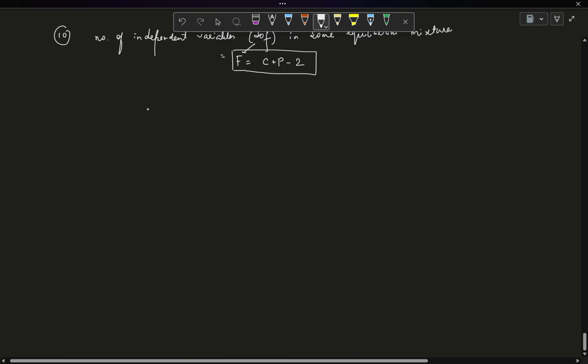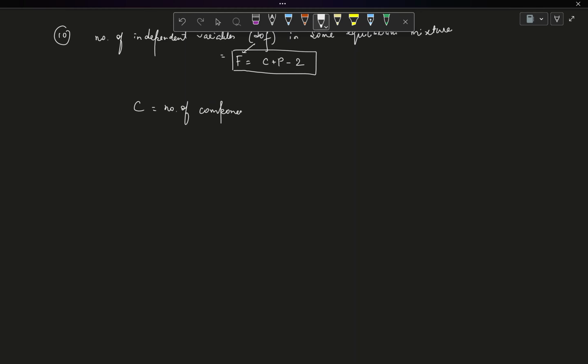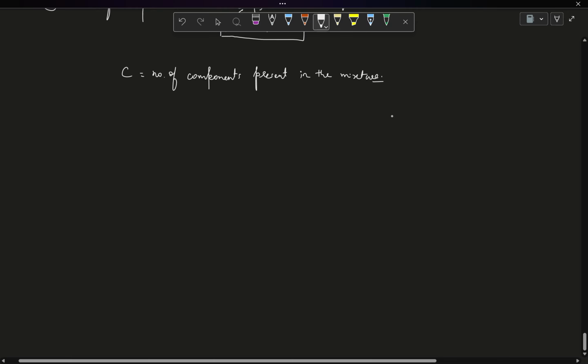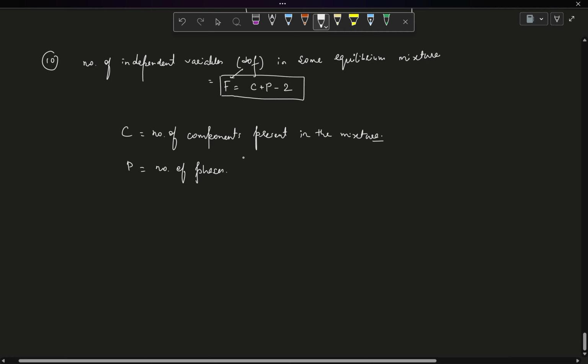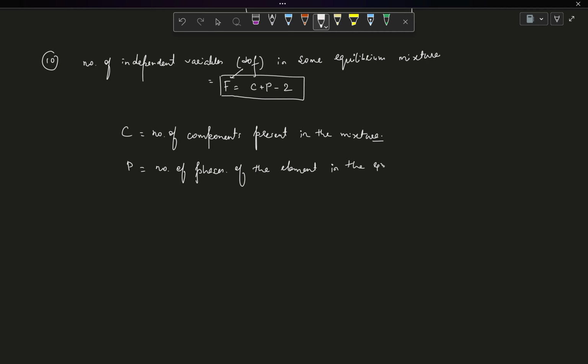So F is the degree of freedom, C is the number of components present in the mixture, and P is the number of phases that are present in the equilibrium mixture.